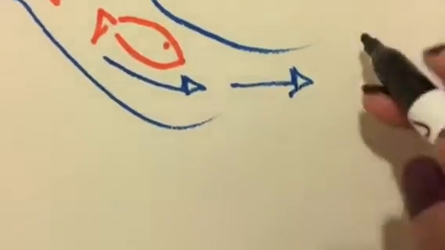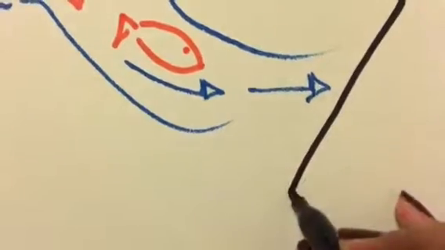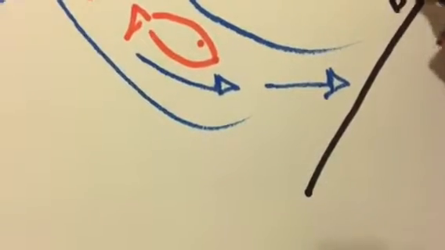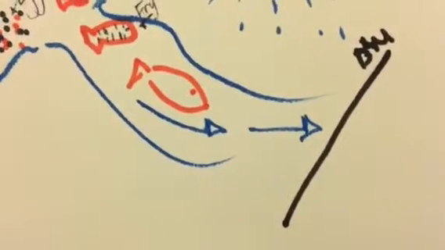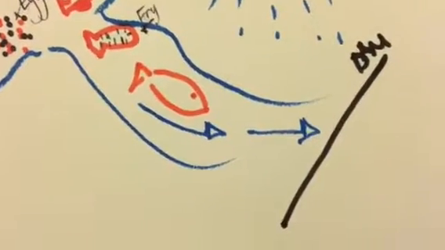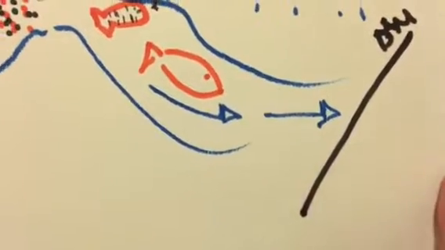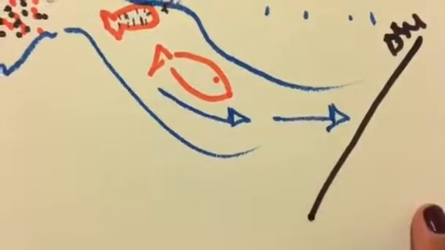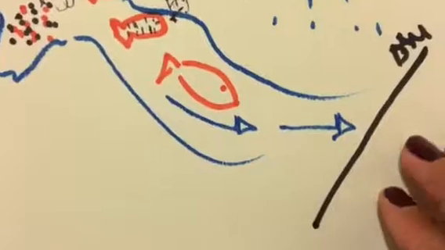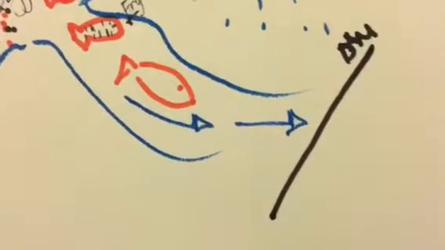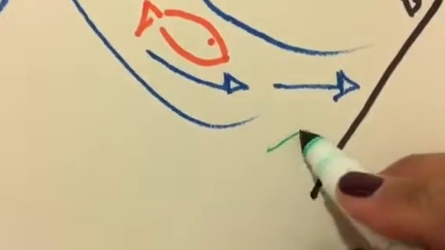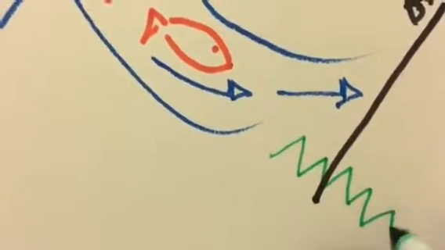And they're going to hit an obstacle, and that obstacle is the dam. So we can label that dam. When they get to the dam, the only way for them to make it past the dam and continue on to the estuary is by a system that was devised by man called a fish ladder. So we're going to create here a fish ladder.